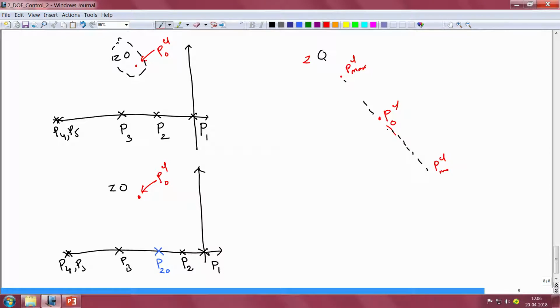So, if the distance from the point PCL naught to the point Z, if you were to call that distance x, then we learnt 2 clips back that when the gain increases by a factor of 3, the closed loop pole comes to the point PCL max, which is at a distance of x by 3, and when the gain drops to 30% of its nominal value, the closed loop pole moves to the point PCL min, which is 3.33 times farther away from the point Z as the point PCL naught is.